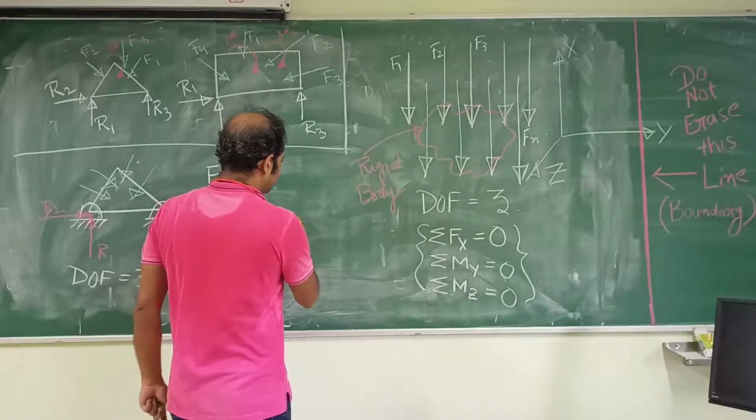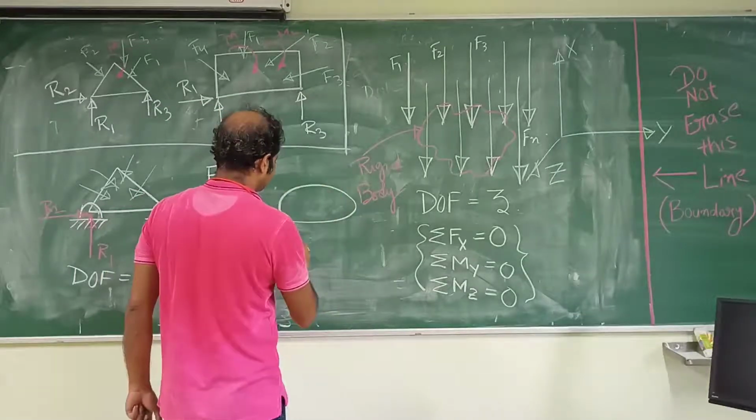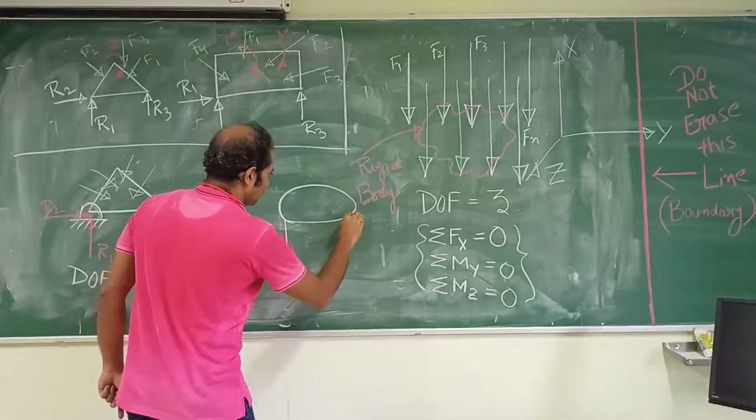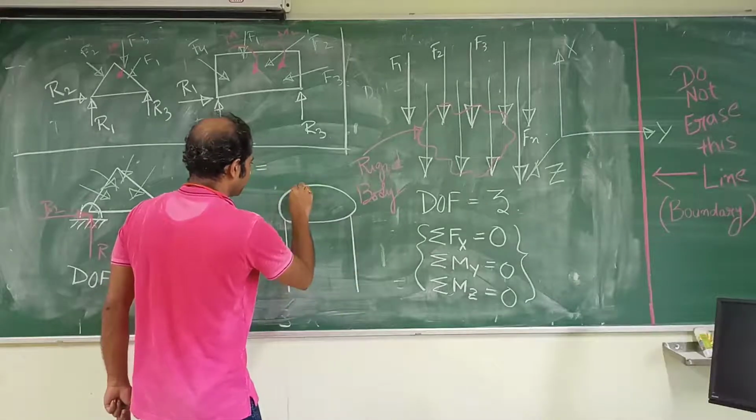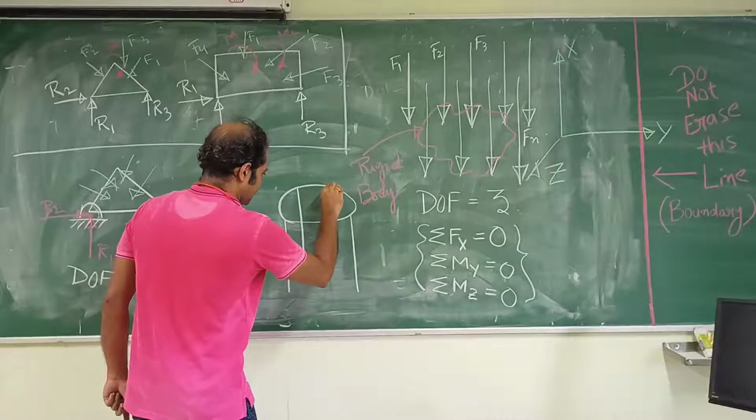So the chair will be having legs 1, 2, 3 and 4.